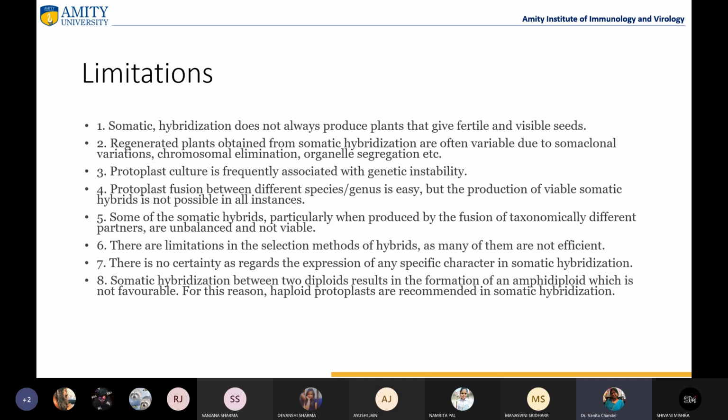Other methods, whether they are breeding methods or tissue culture methods, are still dependent upon selection, right? We are going to get a number of mixed plants, and out of those plants we need to select. For example, in hybrids also we get a number of hybrids, but then we need to select those hybrids which have the desirable traits and which we need to use further.